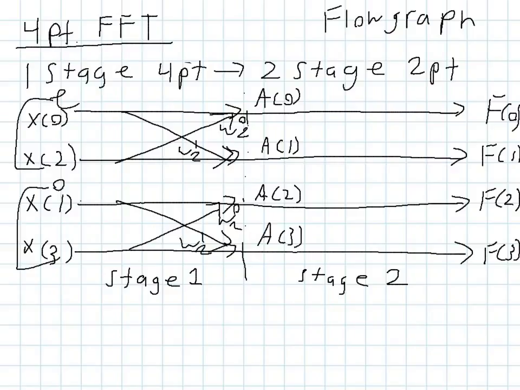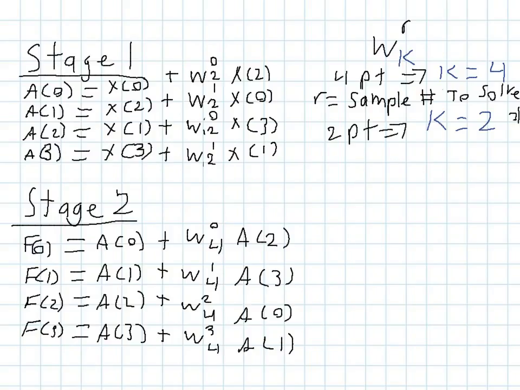So let's look at our equation to find our outputs of our FFT. So let's see what our F0 is equal to. F0 is going to be equal to a straight mapping of our A of 0 plus a twiddle factor multiplied by A of 2. And because it's our first sample we're trying to find, our r value is going to be 0. But now that we're working on a 4-point instead of a 2-point, you'll notice that our K value in the bottom is now equal to 4 for our twiddle factors.